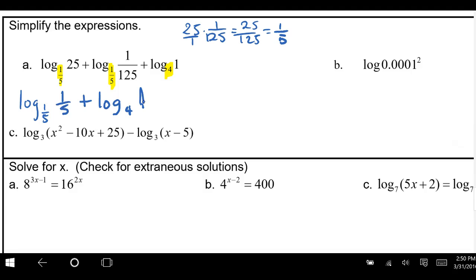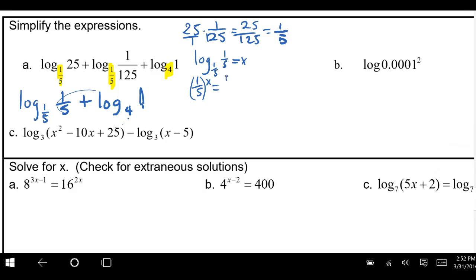So now we can't really use our properties to combine these two logs because we have different bases. But what we can do is simplify each of them one by one. So let's go ahead and take this log base 1/5 of 1/5 and simplify that alone. Well, I know that's equal to some number, x we'll call it, and we'll change that to exponent form.